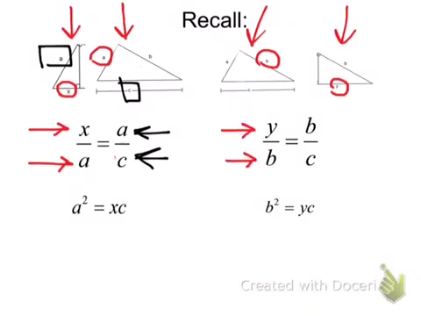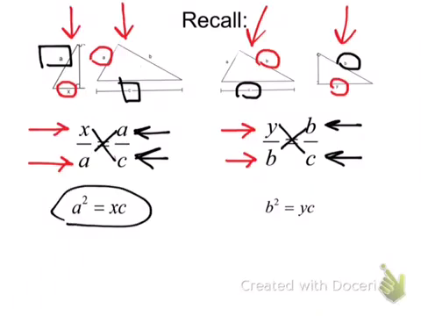And I want to compare the hypotenuse to those. The hypotenuse of the large one is C, and the hypotenuse of the medium one is B. So again, I start with the medium, B over C. And as proportions, I can always cross multiply. So that's how I got A squared equals XC, and B squared equals YC, which is what I got here.